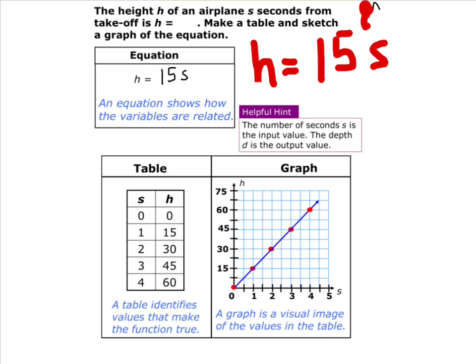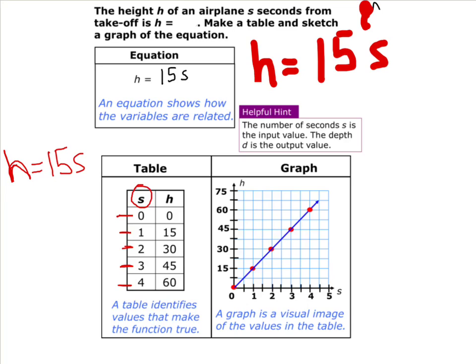Okay, so if we were to make a table, our s right here, we're just going to number those with consecutive numbers, meaning we're going to start with 0 and go to 1, 2, 3, 4. Then we're going to substitute those values into my equation, because we know our equation was h equals 15s.